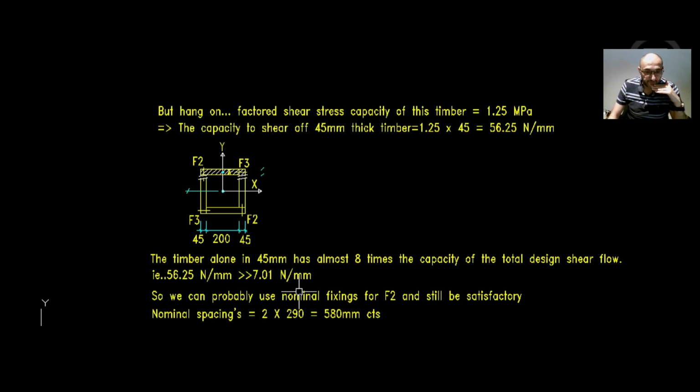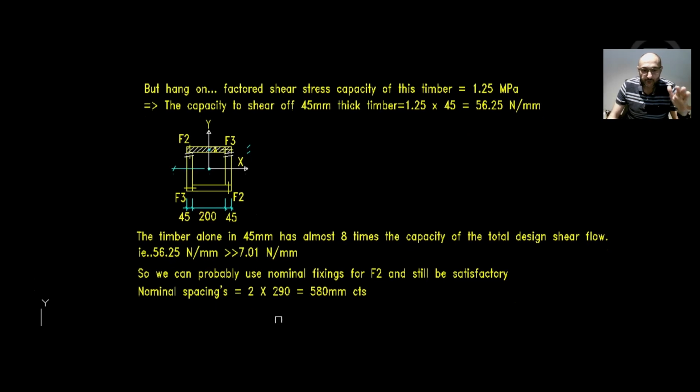And the timber alone in that 45 millimeter thickness has almost 8 times the capacity of the total design shear flow. So, for example, 56.25 is much greater than 7.01 Newton per millimeter. So we can probably nominate nominal fixings for F2 and still be satisfactory.